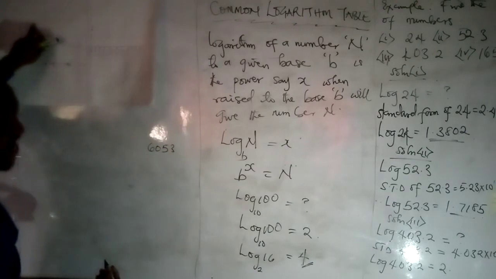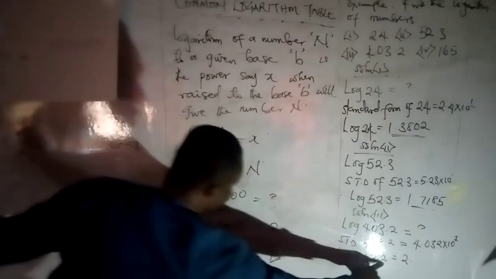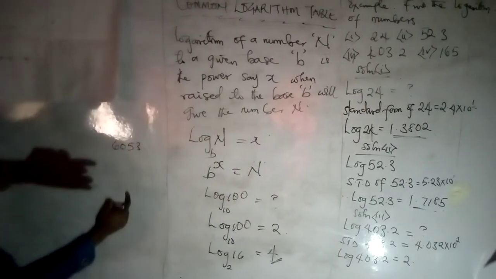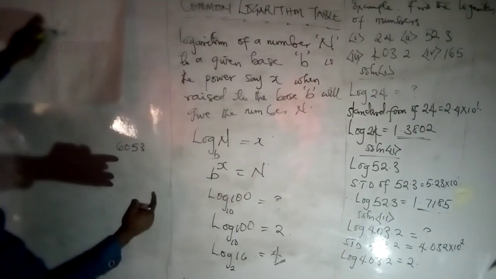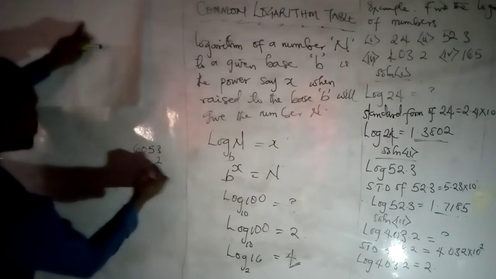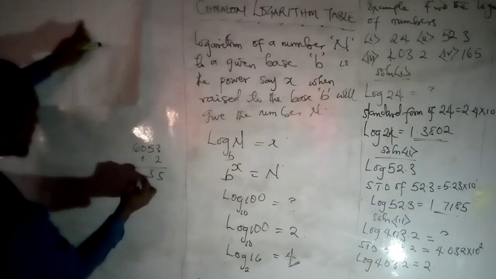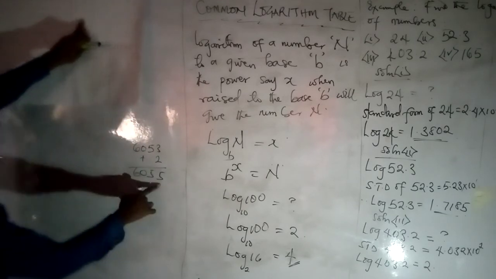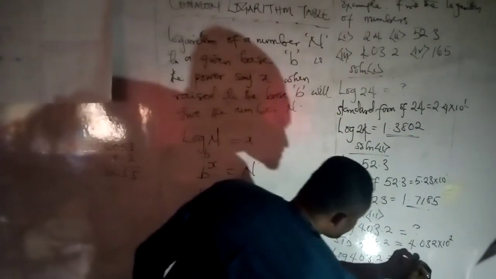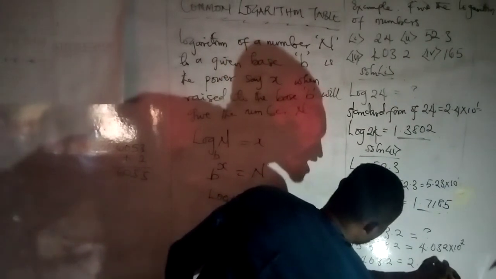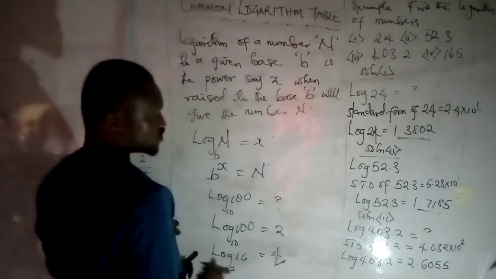Then the difference of 2: you check the difference still in the row of 40. The difference of 2 is 2. So you now add 2, and you will have 6055. That gives us the answer.